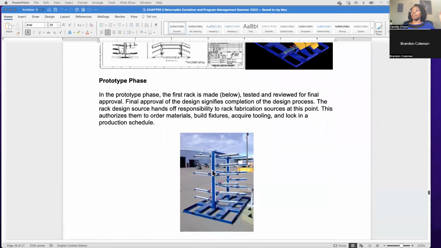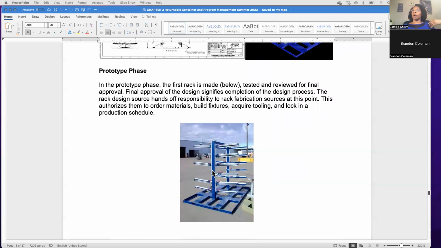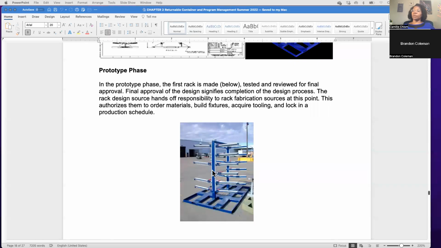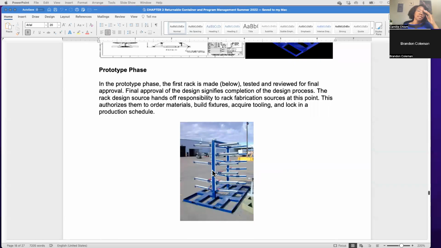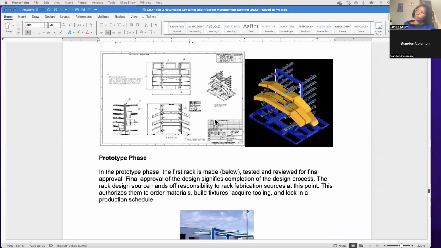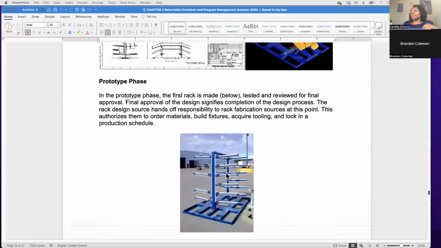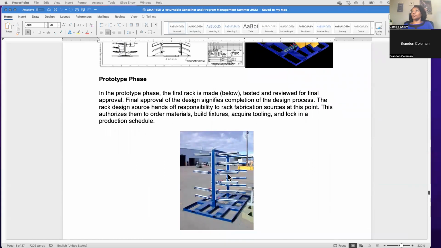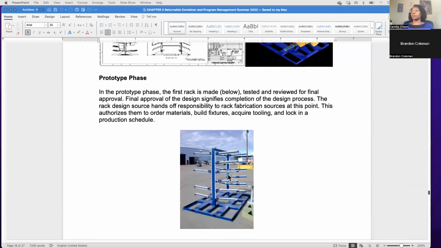These prototypes are going to be made with more manual labor. The rack process is fairly manual, but they will try to replicate how these are going to be made in manufacturing. This process may not match exactly the process used to build these racks in the prototype phase.